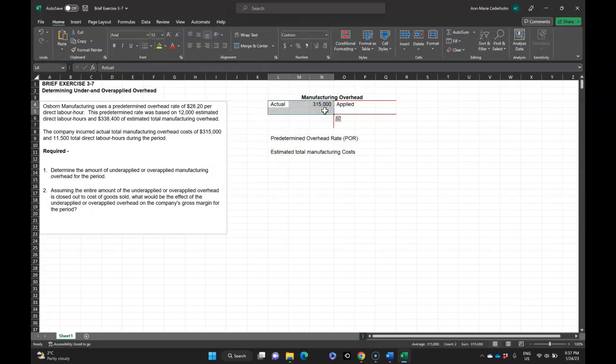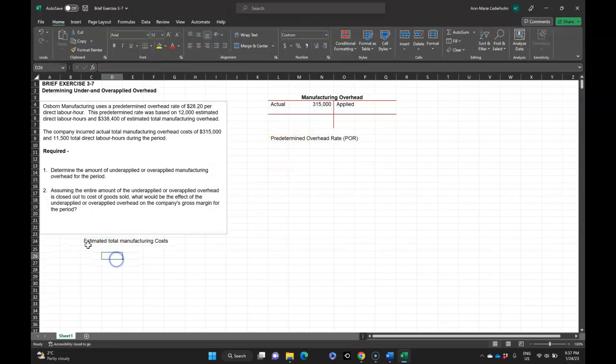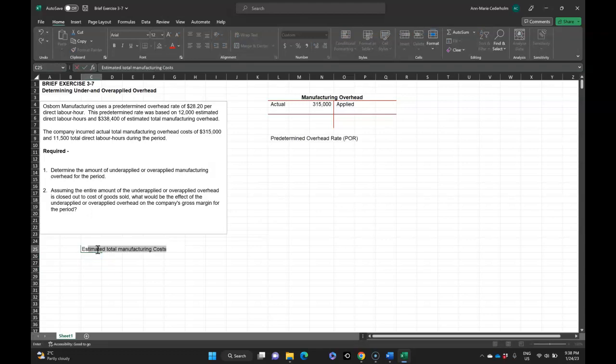Remember, they don't know it because they're doing it at the beginning of the year, and this number comes up at the end of the year. And then we're going to divide that by a cost driver. Let me move it down here. So it's dividing by some sort of cost driver, and I'll call it estimated cost driver.